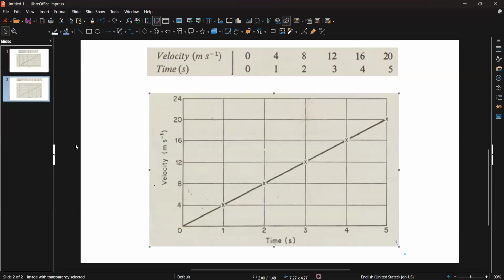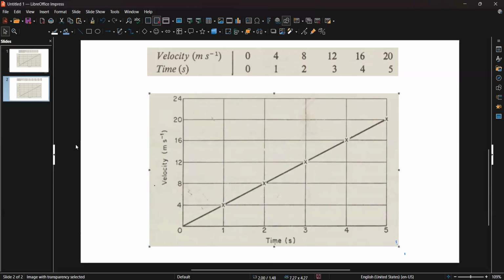You can see there? So we have some data, and here it is. We have a straight line graph, right? What should we get from this straight line graph as to the acceleration of this body?